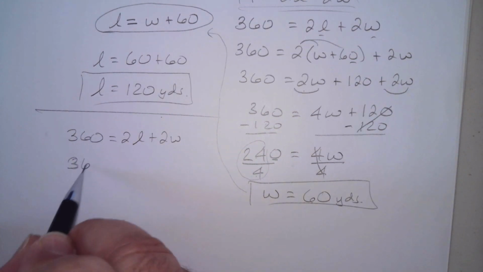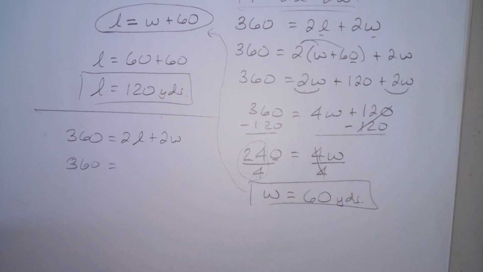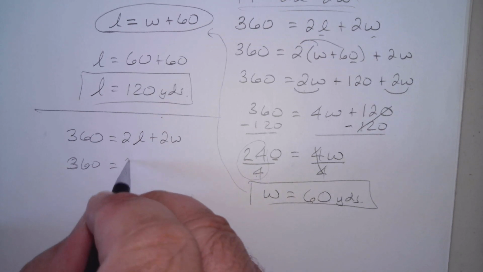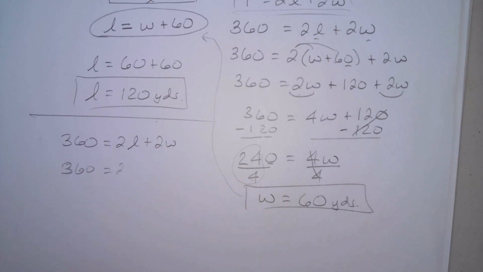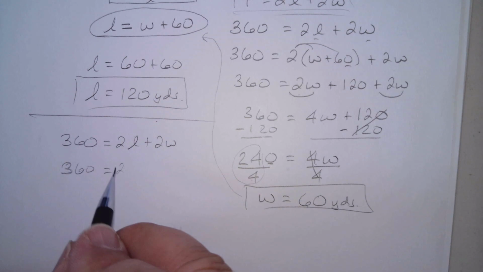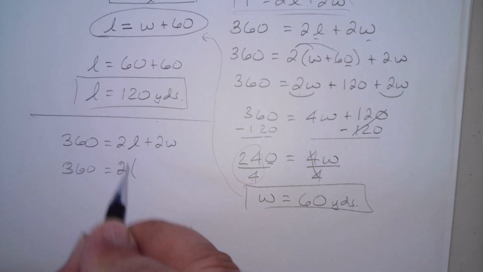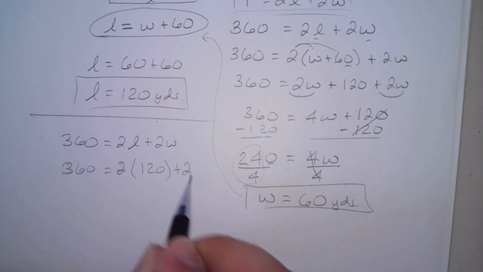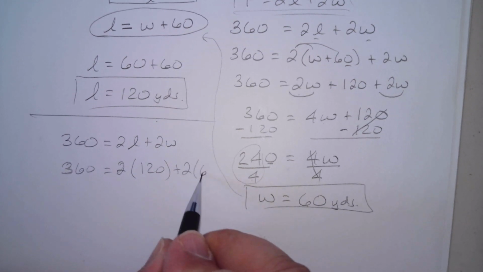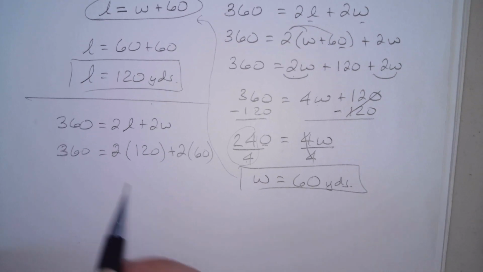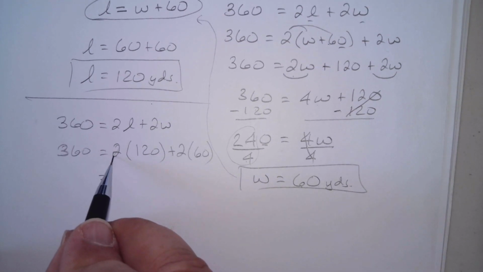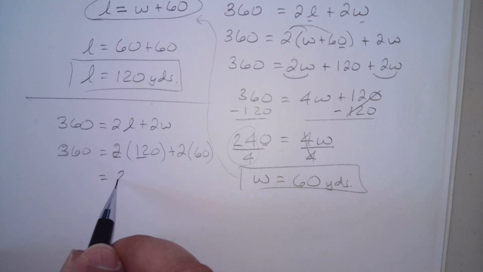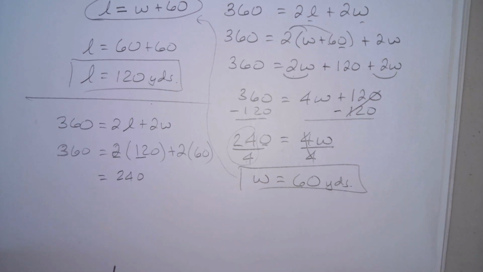So we have 360 equals 2L is 120 plus 2 with the 60. 2 times 12 is 24 with a 0 behind it.